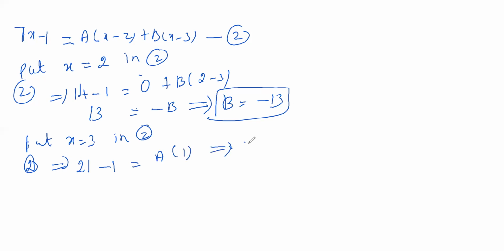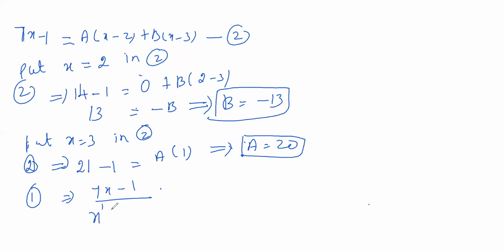So the value of a is 20. So we got the values of both a and b. Now substitute the values of a and b in 1. So equation 1 becomes 7x minus 1 by x squared minus 5x plus 6 is equal to, a value is 20.